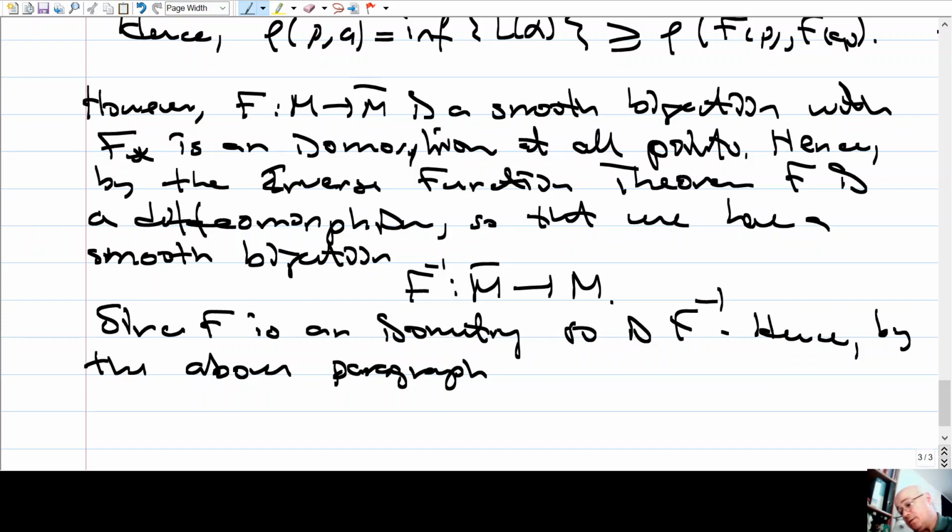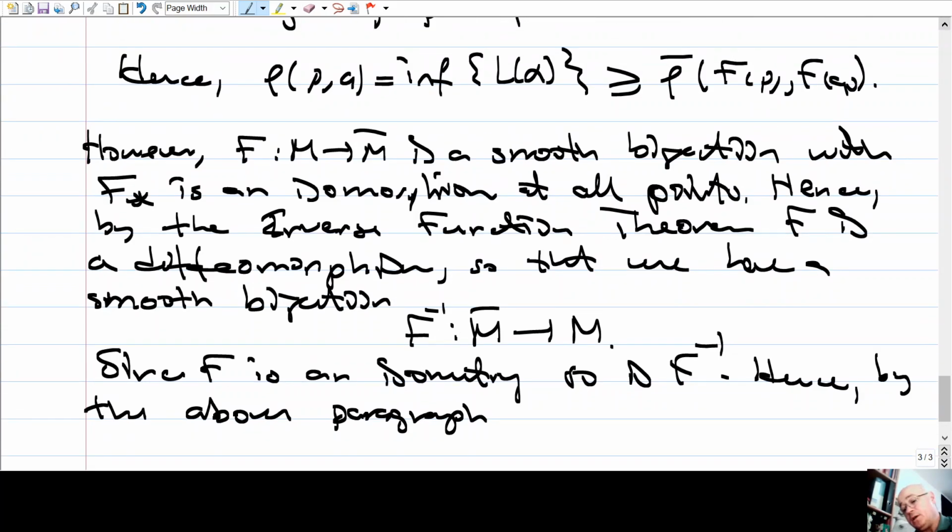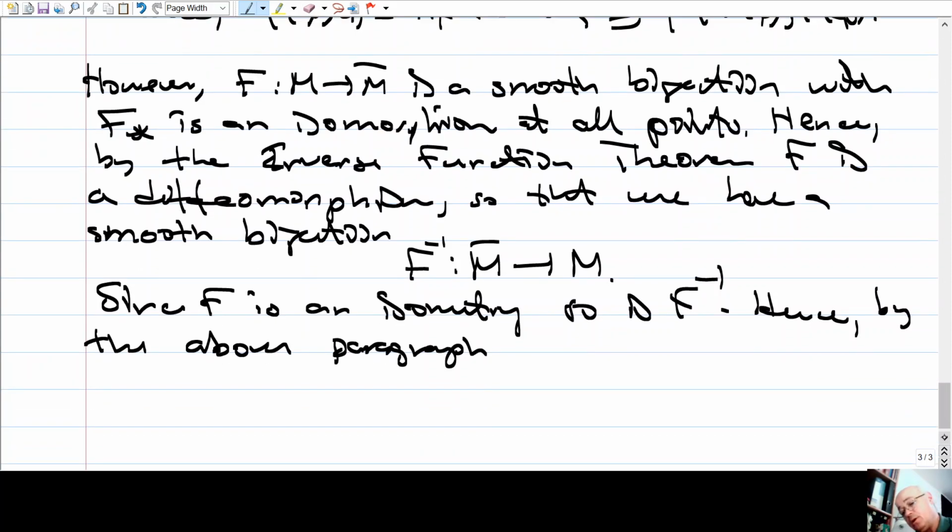the distance, right? If there's a smooth bijection from M to M bar, then we have this. Now we have a smooth bijection from M bar to M, then we have the other direction.